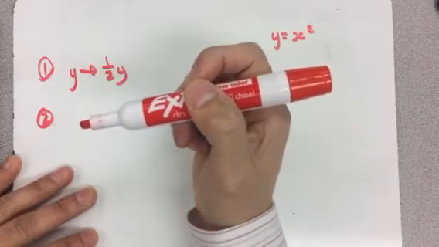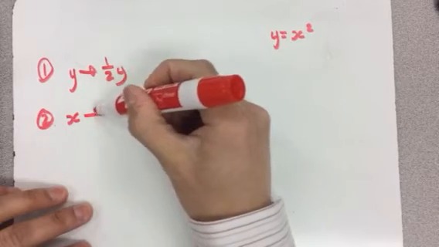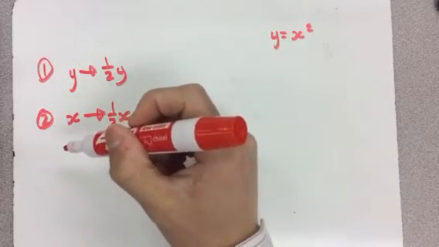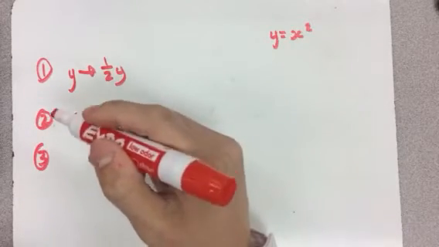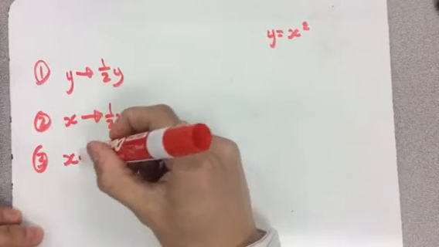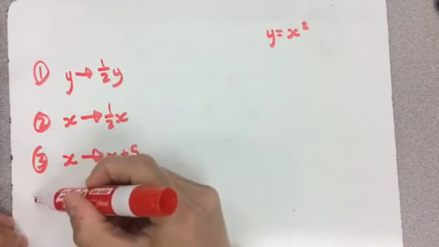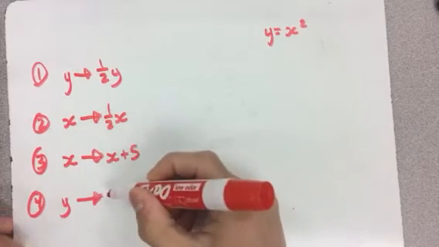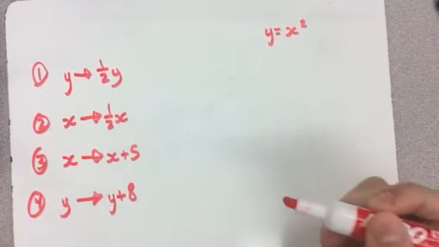Secondly, we have a horizontal stretch about the y-axis by a factor of 2. So that we have x to 1/2 x. Then I have a horizontal translation 5 units left. So this is x to x plus 5. And lastly, I have my vertical translation 8 units down, so that's y plus 8.